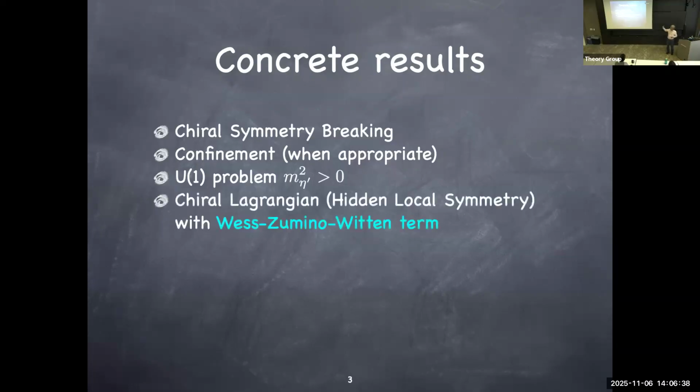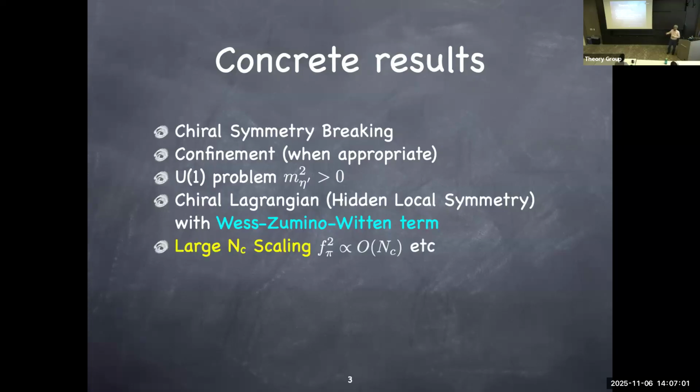And you can derive the chiral Lagrangian now that you have broken chiral symmetry. The chiral Lagrangian also comes with something called a hidden local symmetry. That's what people phenomenologically came up with in the construction of a low energy theory. It is also accompanied by the Wess-Zumino-Witten term, which captures all the anomalies present in the global symmetries. So that can also be derived.